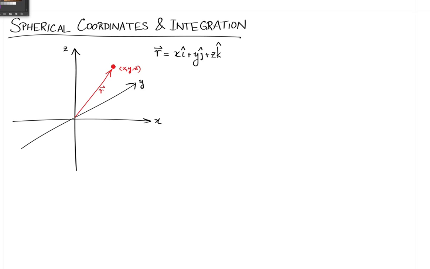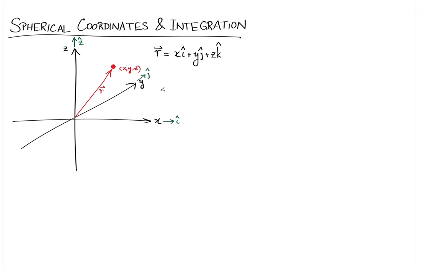And i hat, j hat, and k hat, which again you should have already covered, are unit vectors, which means they're vectors of length 1 in the direction of the x, y, and z axes respectively.